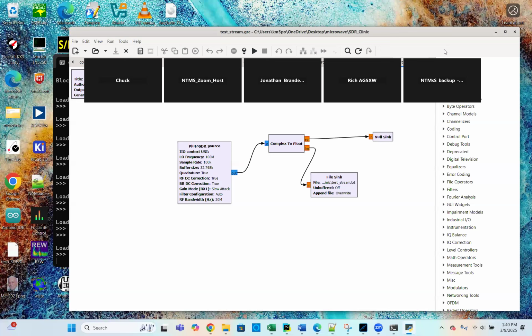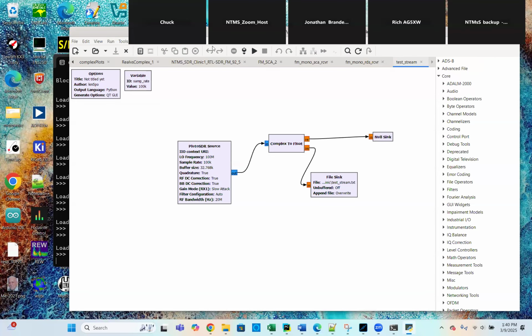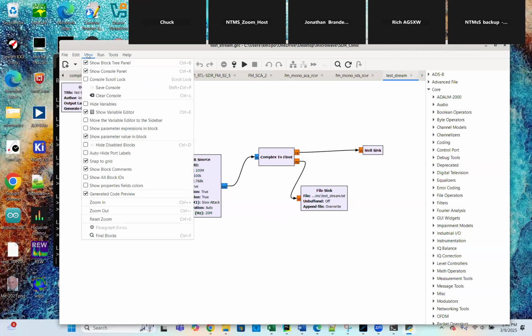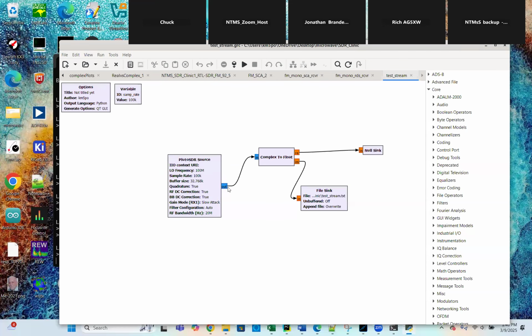Yeah, I'm having to move windows around that you can't see. If you go into view and check this generated code preview, that will enable you to see the code that's generated.